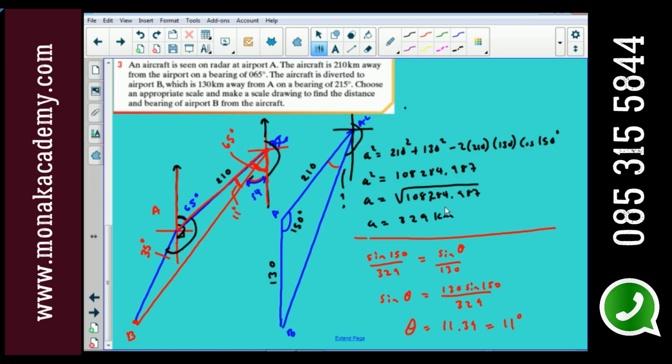Now you have 90 plus 180 plus 54 to get the final bearing. Because remember, we want the bearing of airport B from the aircraft, this whole angle.